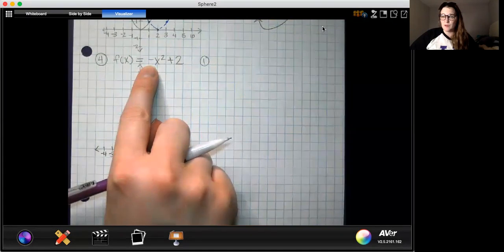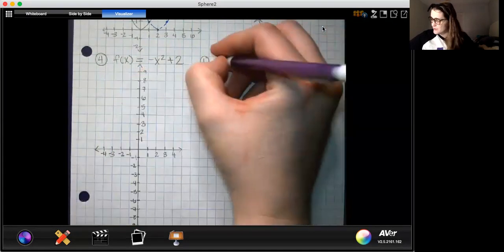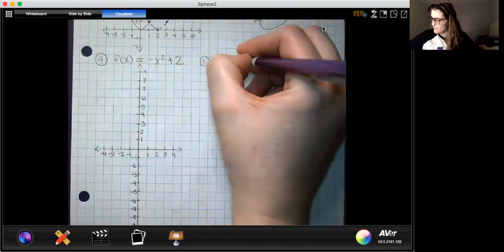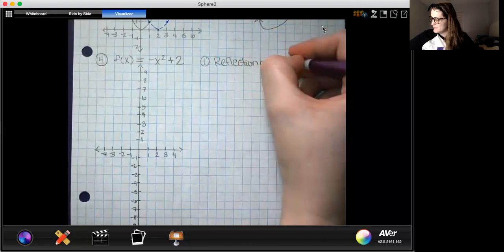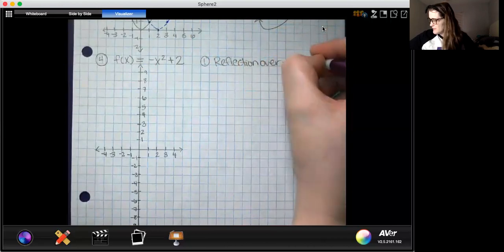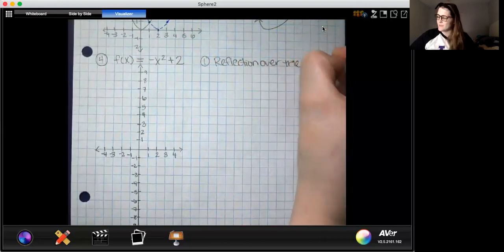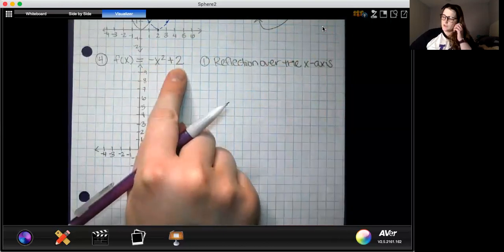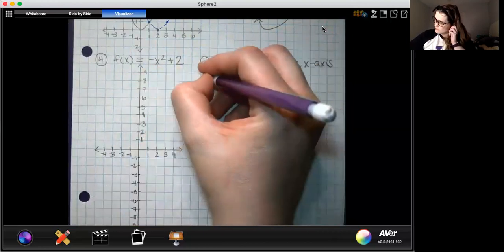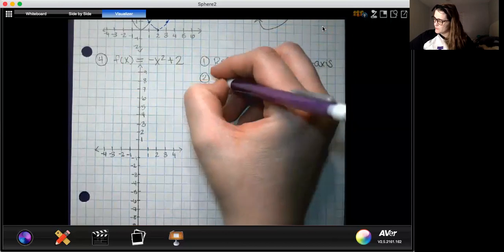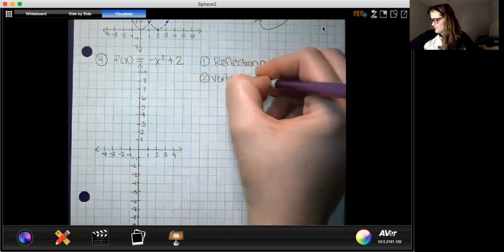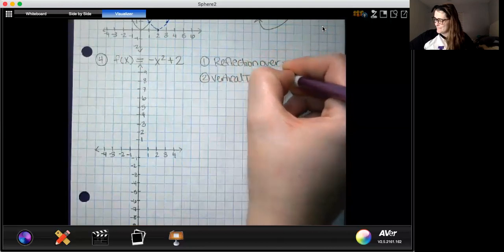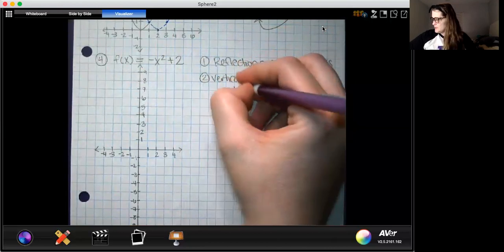Now, we're just multiplying by -1, so therefore we are going to have our reflection over the x-axis as our first transformation. Then our second transformation will be our vertical translation up 2 units.